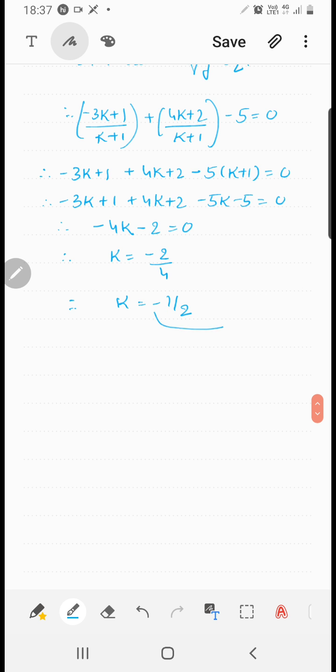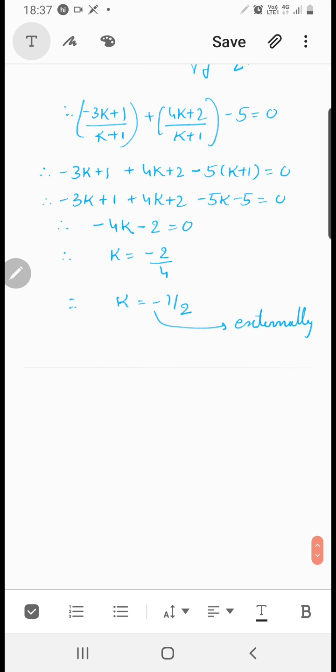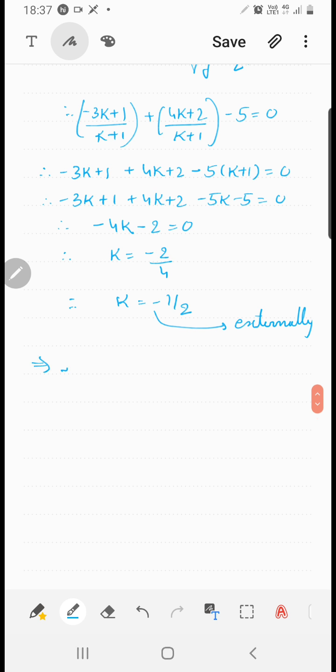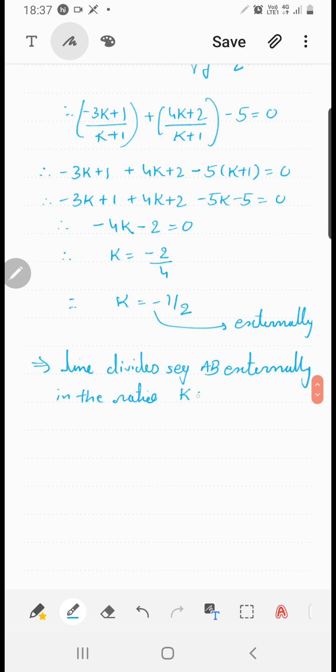As I said, this negative sign implies externally. So can I say this implies the line divides segment AB externally in the ratio k is to 1.